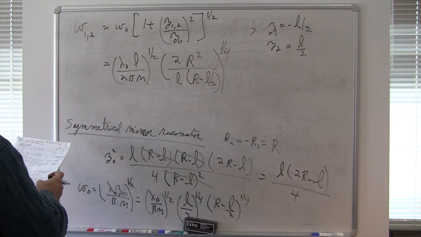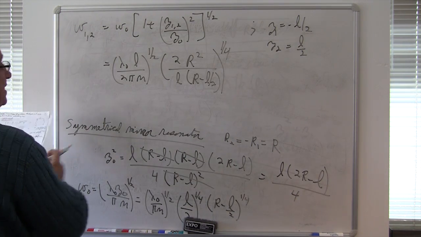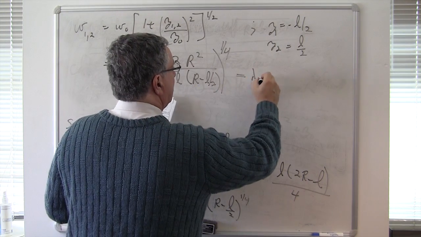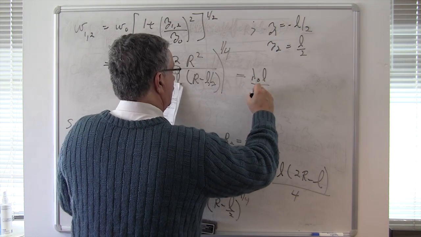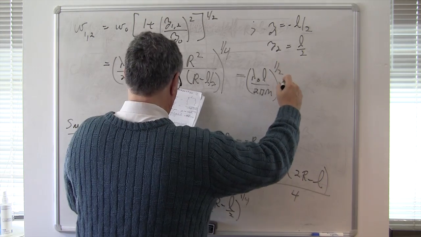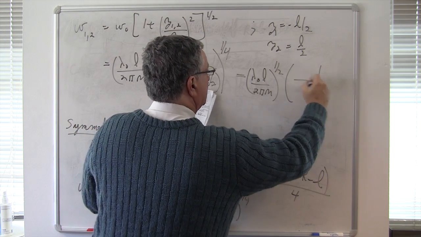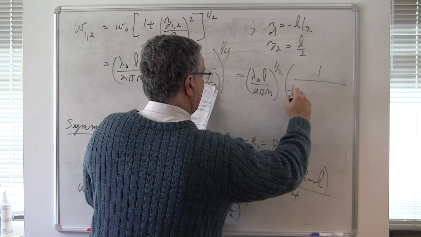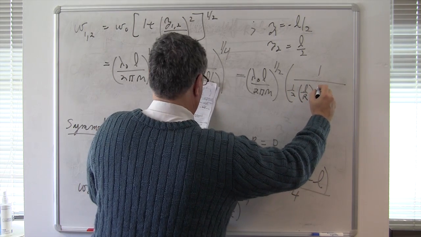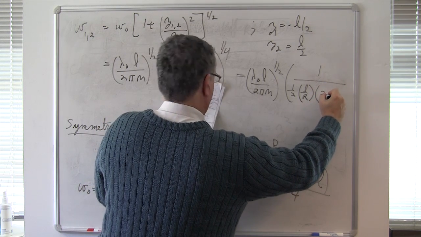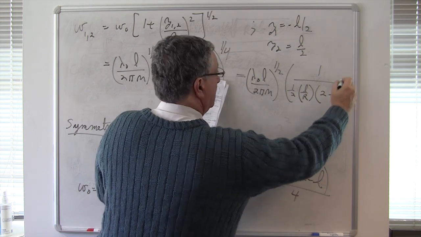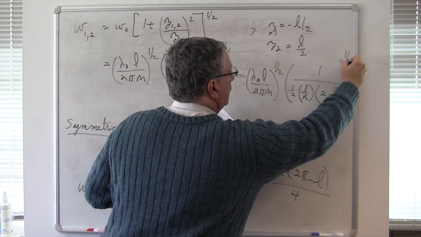Okay, so you get this expression, and this can be rewritten, lambda 0 L over 2 pi n to the power 1/2, and now this is 1 divided by 1/2 L over R multiplied by 2 minus L over R, the whole thing to the power 1/4.